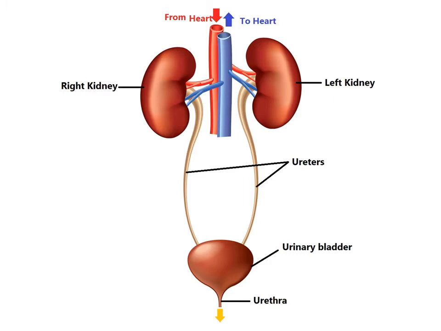Below this bone of the rib cage until the beginning of my legs, this is called the abdominal cavity. The urinary system, of course, is located in this part, in the second half of my body, which is the abdominal cavity. And by the way, it's not in the front of the body, no, it's in the back. So it's near the backbone.